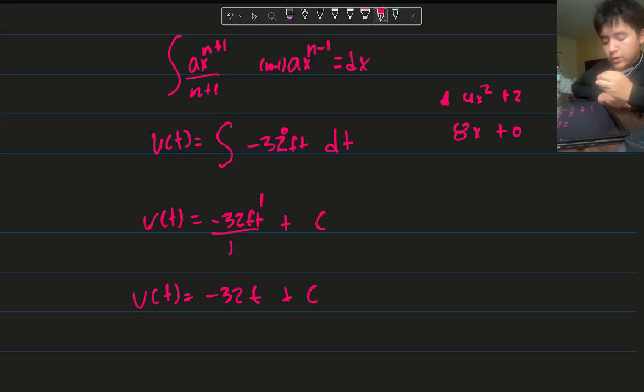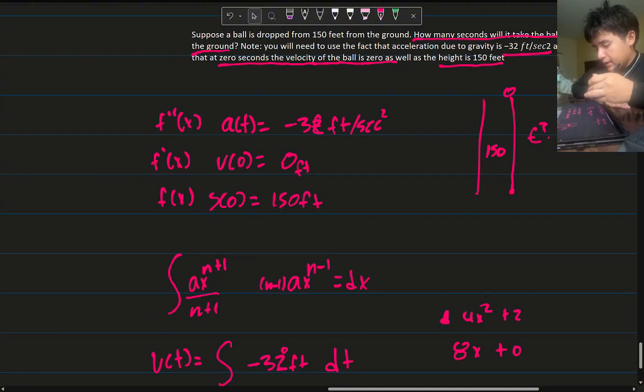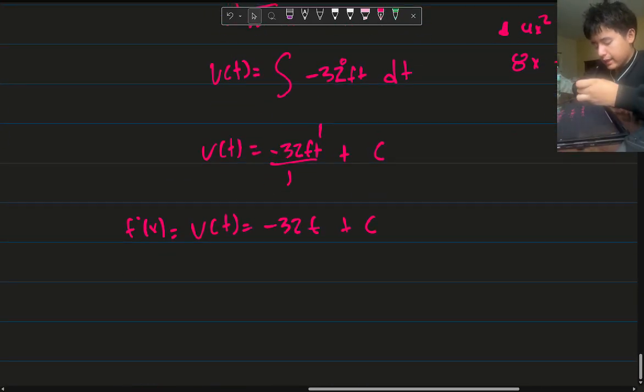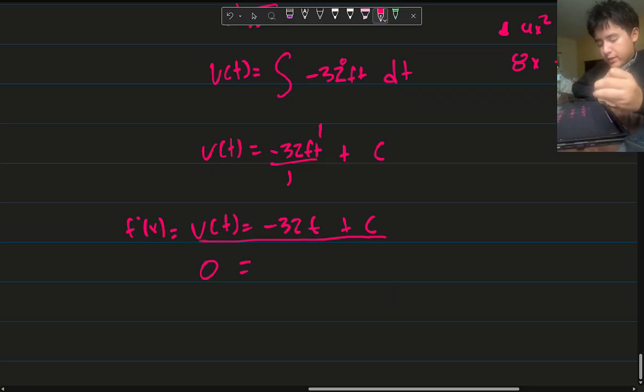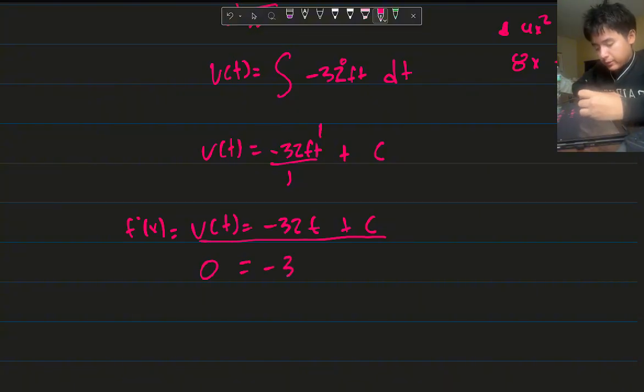Since this is our first derivative, how can we get down to our original function if we don't even know our c? Luckily, they gave us a hint. When we plug in 0 for t, our value becomes 0. So this whole first derivative becomes 0 for t equal to 0: negative 32 times 0 plus c.